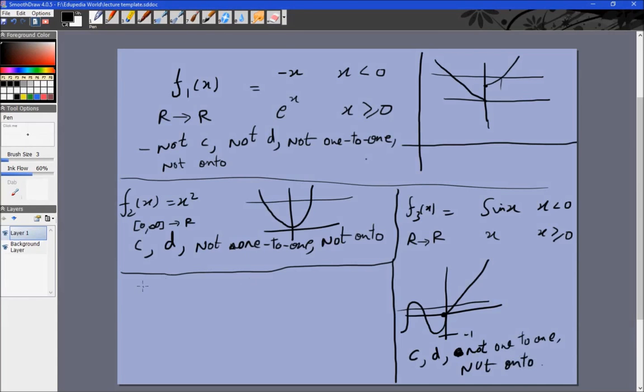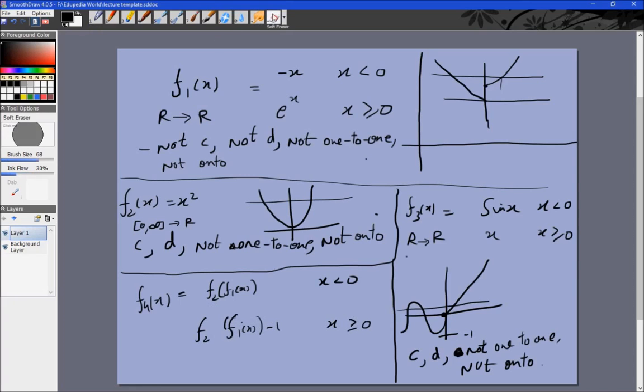And finally, let's look at f4(x). That is given to be f2 of f1(x) if x is less than 0, and f2 of f1(x) minus 1 for x greater than or equal to 0.